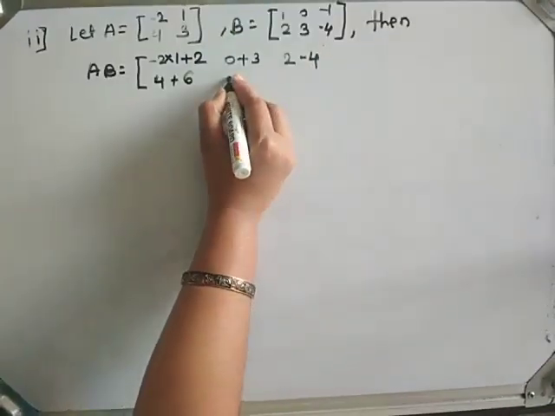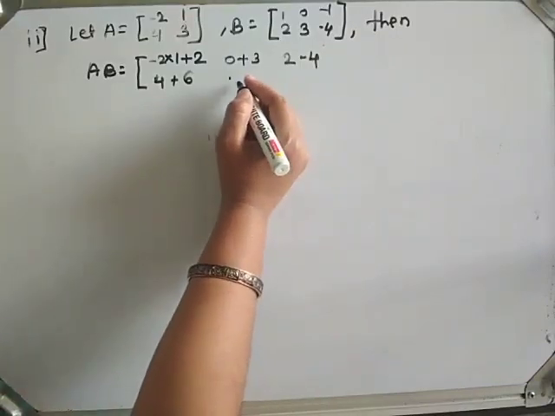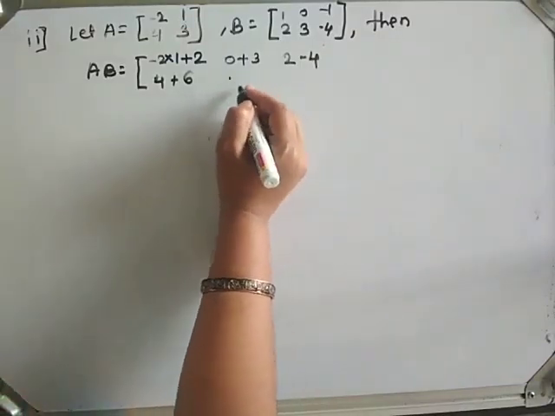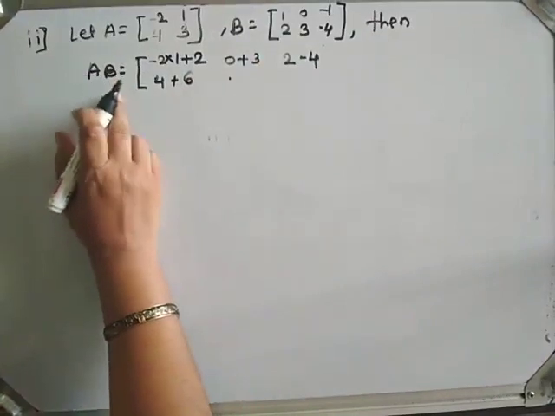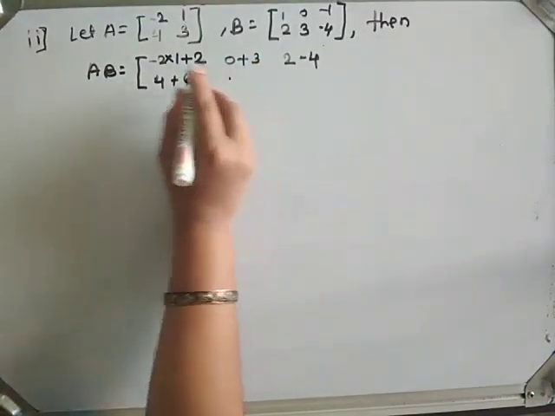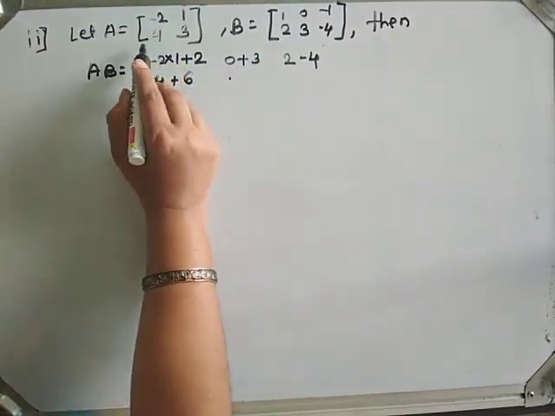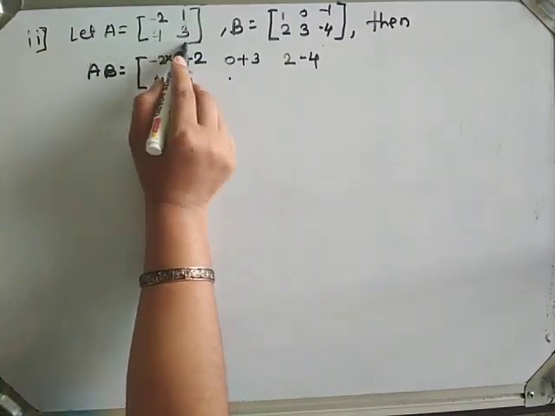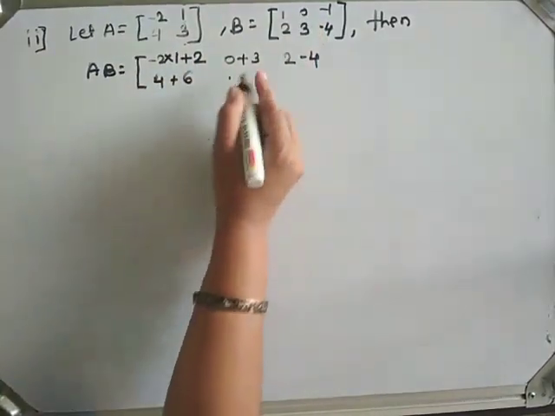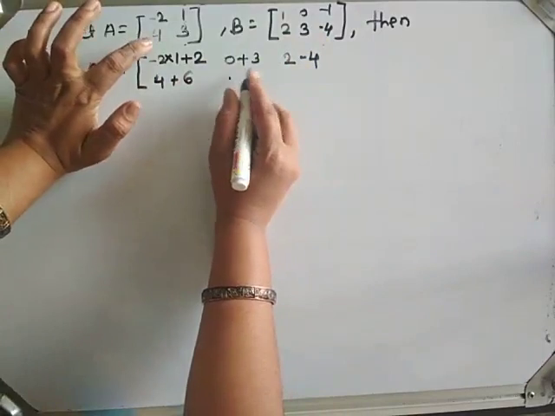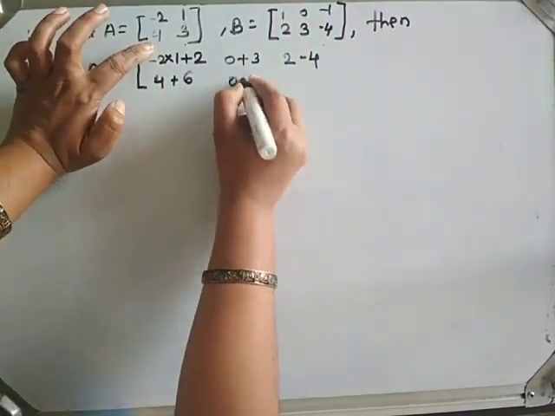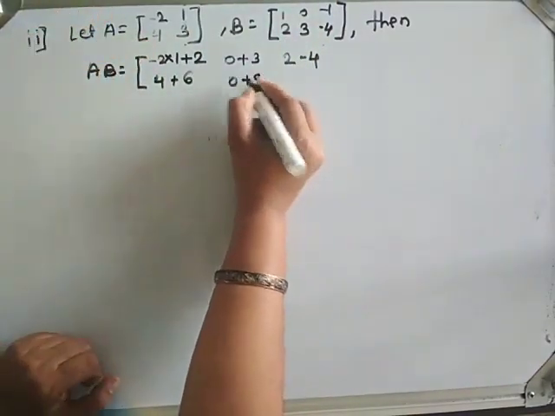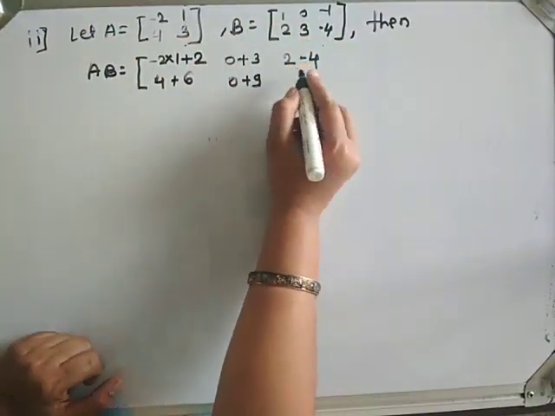For the next entry, that is the 2/2 entry of product AB, we have to multiply the corresponding entries of the second row of A and the second column of B and add them. 4 into 0, 0 plus 9, 3 into 3, 9.